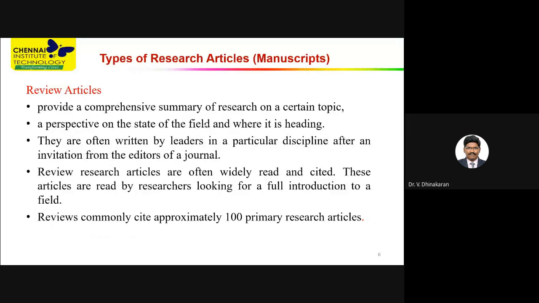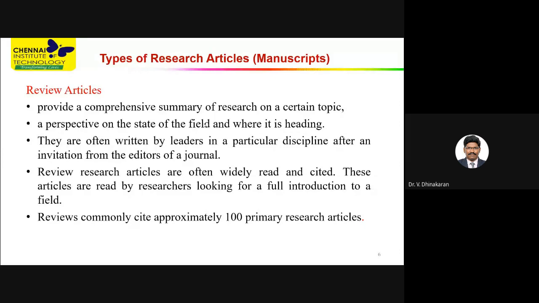Then, what is a review article? Often an eminent person in a particular field will be invited by the editor of the journal. The editor of the journal will do some survey, and whoever is felt to be an expert in the particular field will be called to submit a review article.